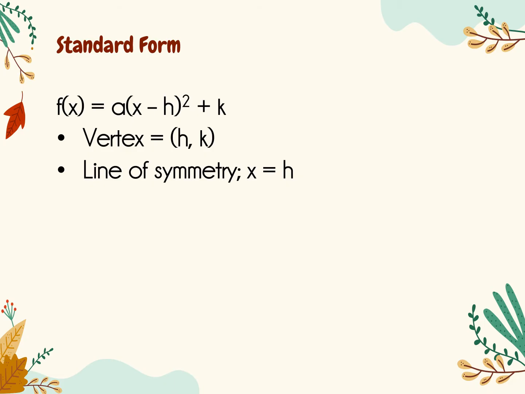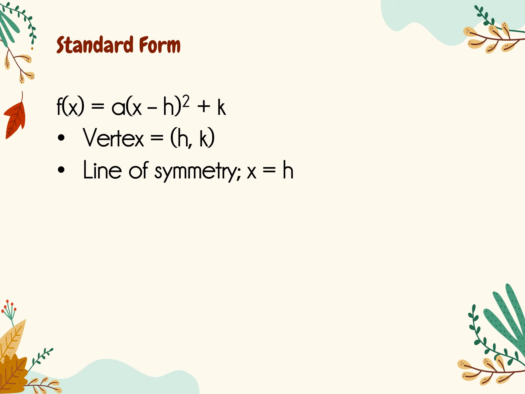Now, when you pull the H out, it's opposite of what you would think. The K is going to keep the sign because the formula has a subtraction sign between that X and that H. It's not necessarily the sign on the H. And then the line of symmetry, again, is an equation, and it's whatever the H value is of the vertex.